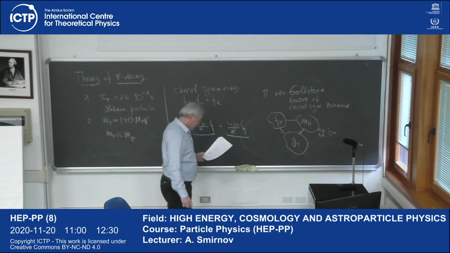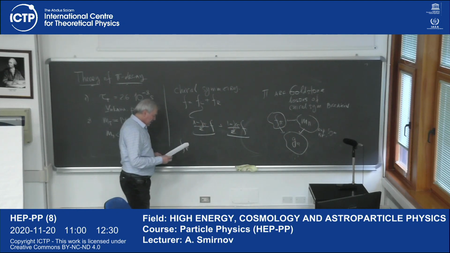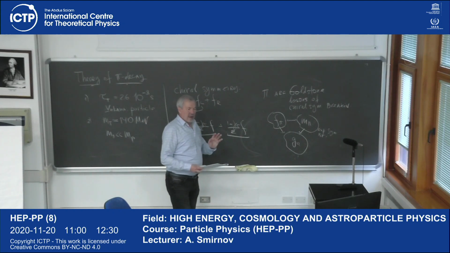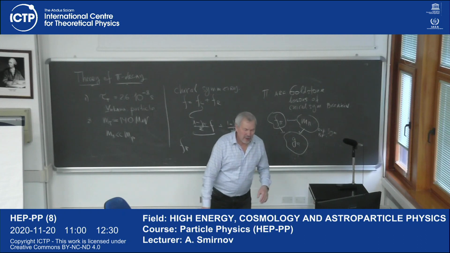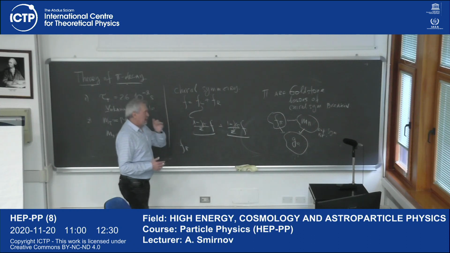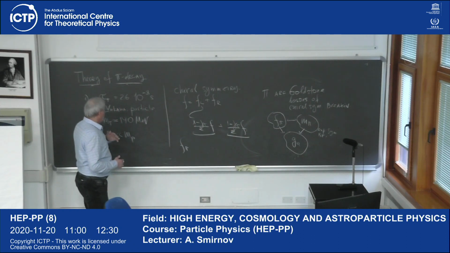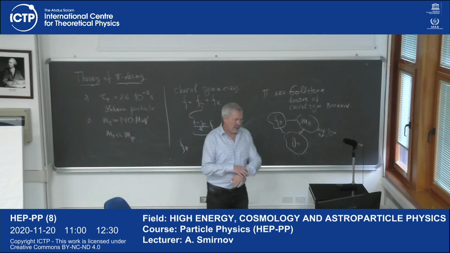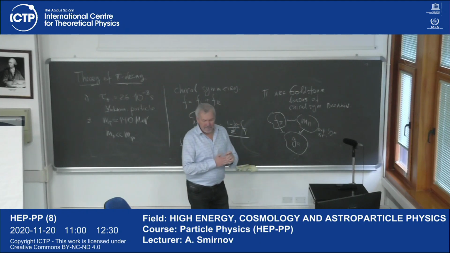There is a kind of theorem, the Goldberger-Treiman relation, which connects these parameters. I'm saying this because from a simple fact, the discovery of the pion, there are many developments in the theory. But we will not discuss this more; what is important for us are these parameters and the theory of pion decay which we have considered. Any questions?